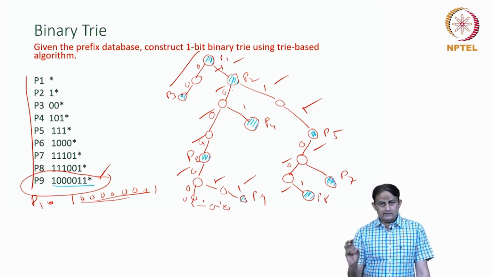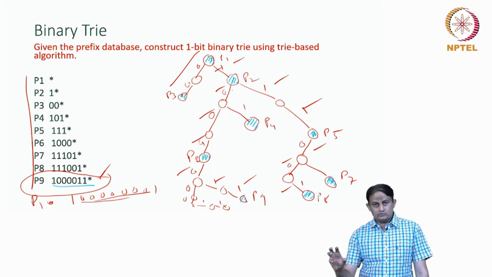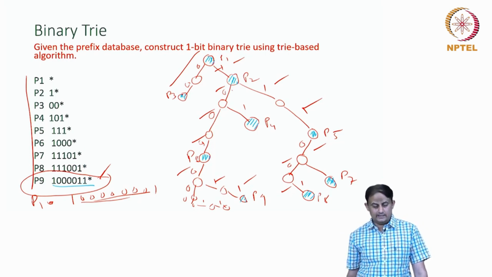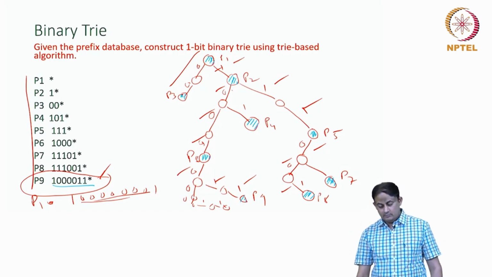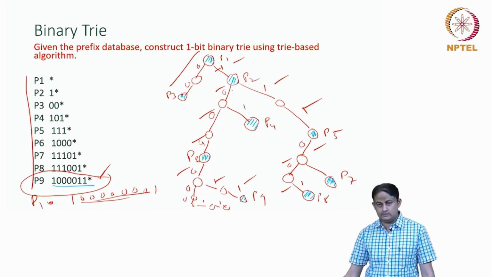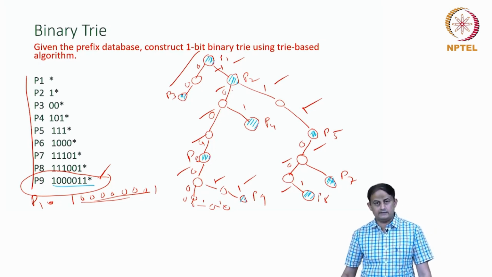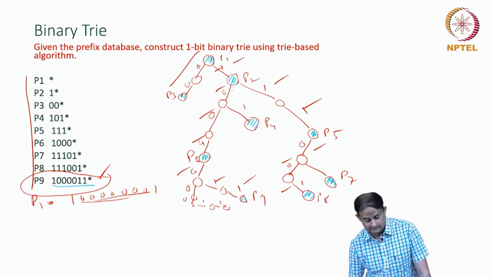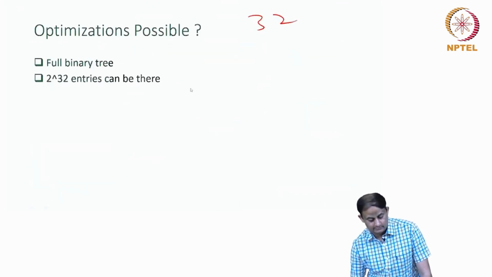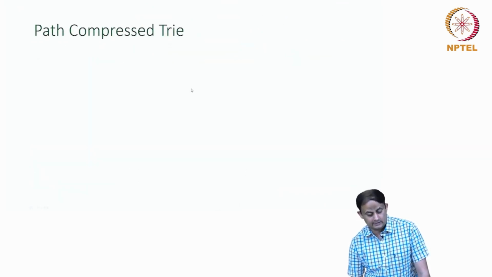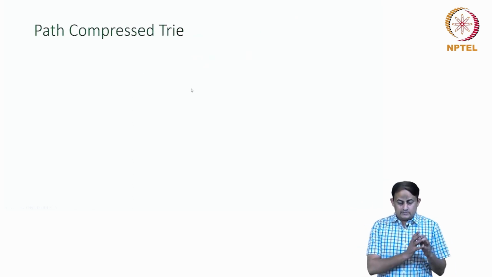So, can I get rid of this intermediate node so that I can possibly reduce the height of the tree? In this case, if I do only this compression, the height is not reducing, but if I apply the same rule across all paths that exist in this binary trie, then you possibly reduce the height of the tree.